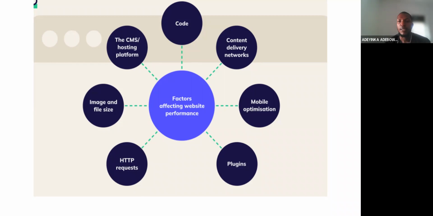Then mobile optimization. You don't expect to load the same content you are loading for a desktop view to a mobile view, because on desktop you expect a wider screen and a wider image to ensure that your image gets displayed well.